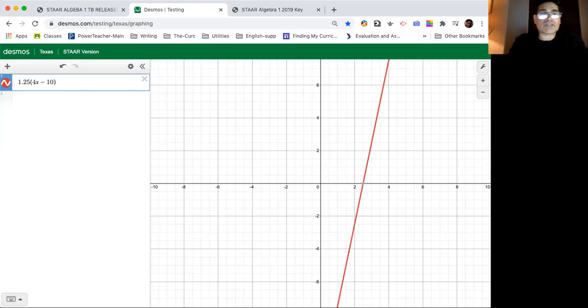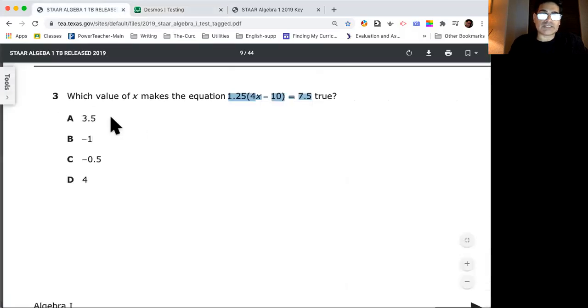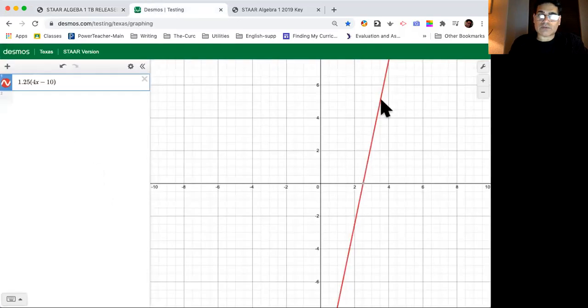Now, when we do these in Desmos, we're going to get a value that, when we plug it in, one of these here, is going to add up to this. So the graph right now is not relevant.